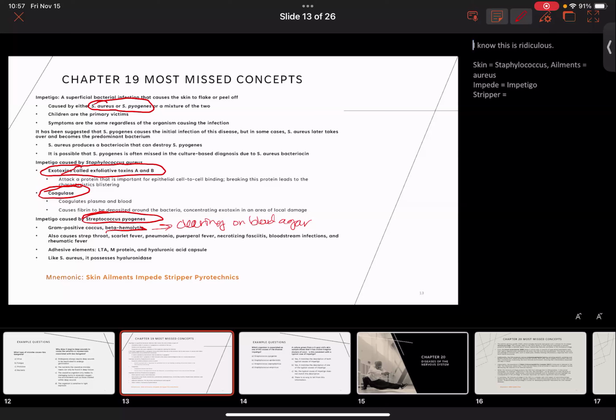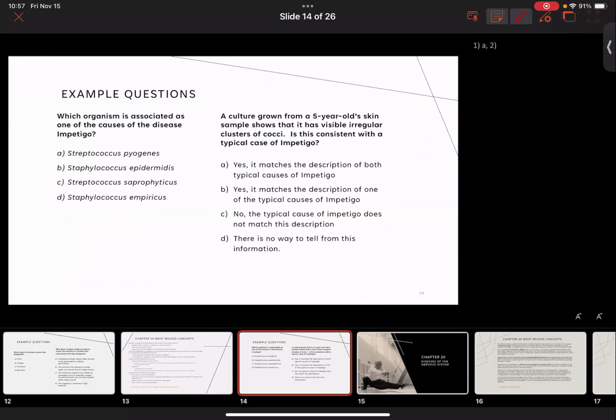And then stripper is referring to, I'm assuming, strip, because strips of or chains of those cocci. And pyro being pyogenes. So for Streptococcus pyogenes, you can think pyro and pyrotechnics to help you remember that it is skin ailments for Staph aureus, and then impetigo for impede, and then stripper pyrotechnics for Strep pyogenes. It makes sense, I promise.